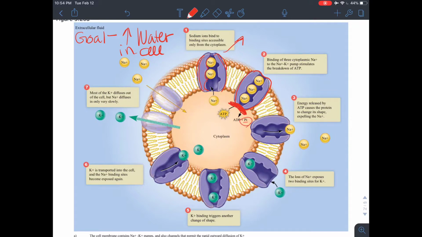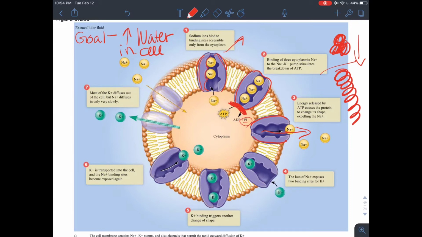So when we break this phosphate off, we release that energy, and that releasing of energy then causes this protein to change shape. So maybe it went from this knotted up configuration into like a loose whirly configuration or something like that, just to give an example. But after it changes shape, it releases these sodium into the extracellular environment.